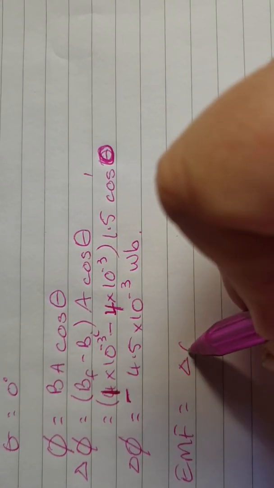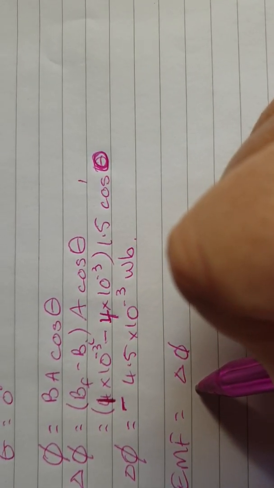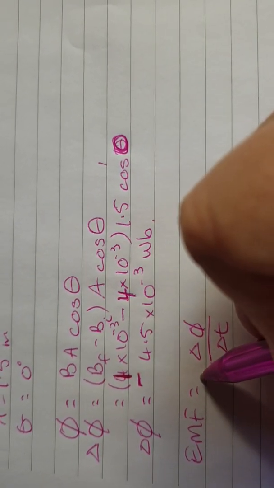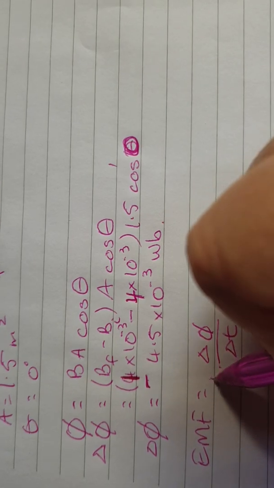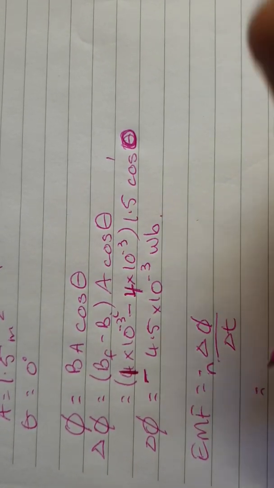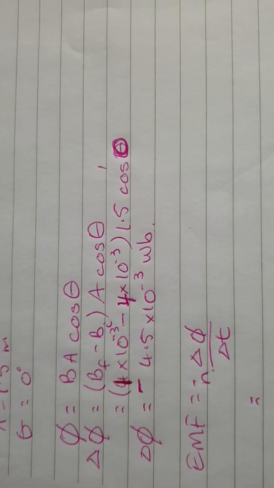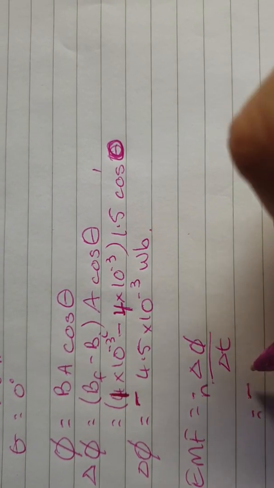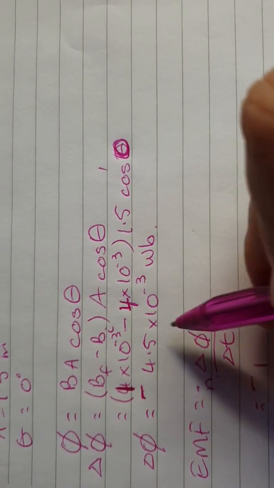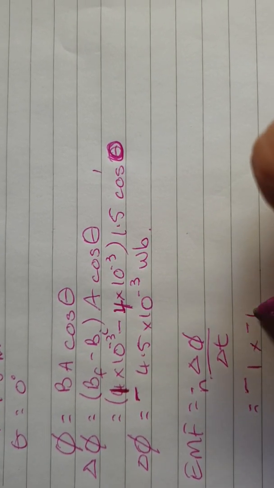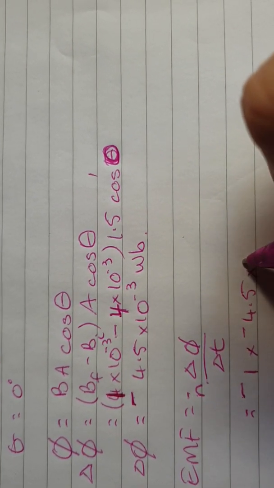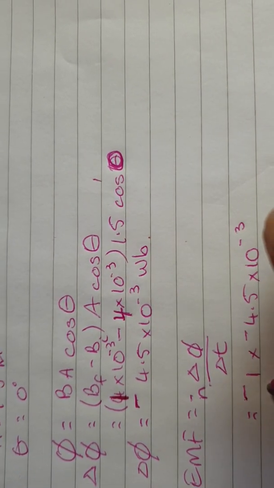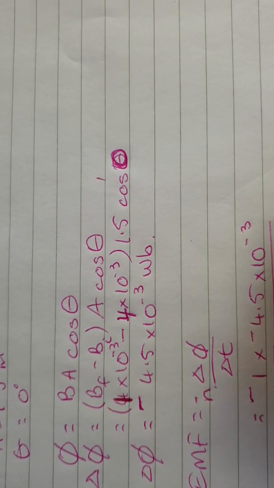We need a change in flux divided by a change in time, and we need to know the coils. Well, in this case, there's just one coil. So we've got negative 1 times negative 4.5 by 10 to the negative 3 divided by 0.5.